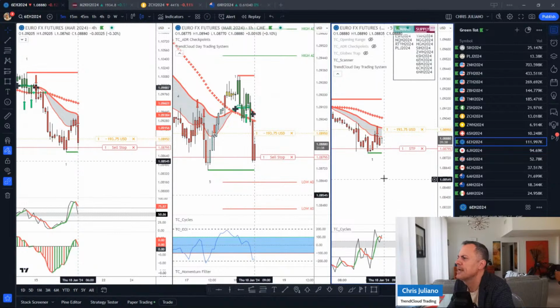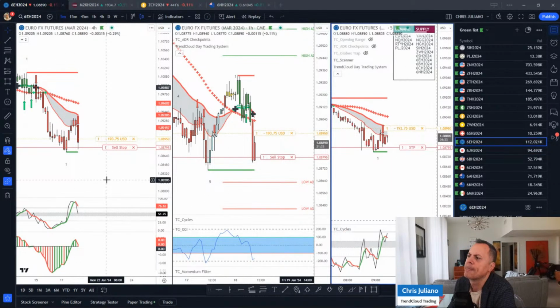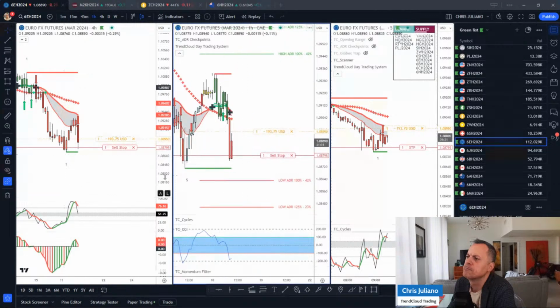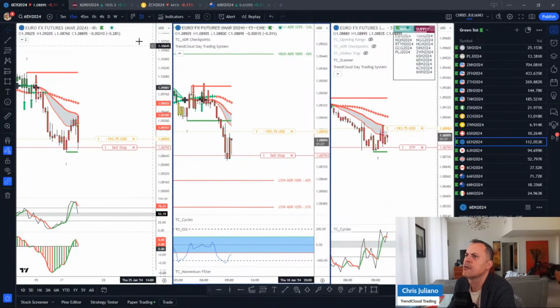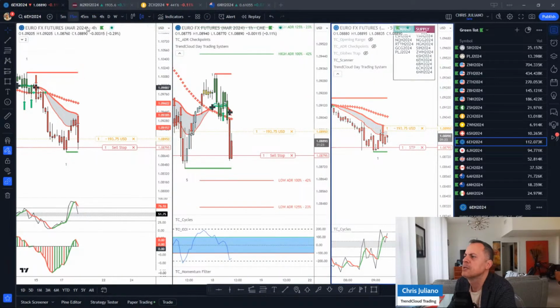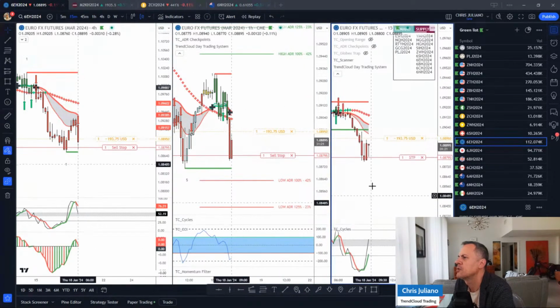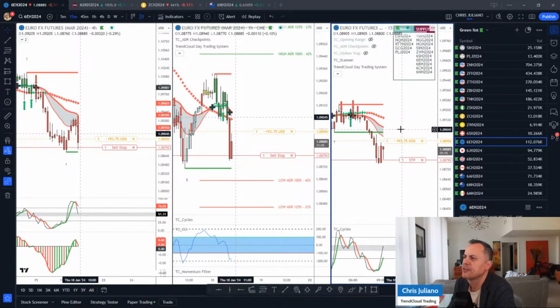Starting to cycle down. There's your 5-minute. 15-minute here. Pulling back into that 15-minute trend cloud.